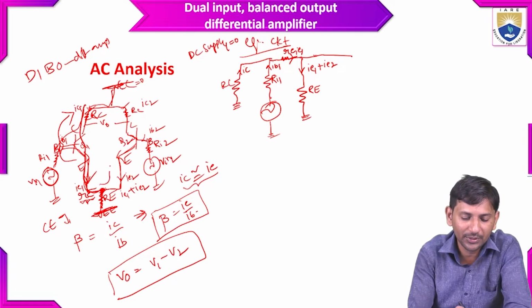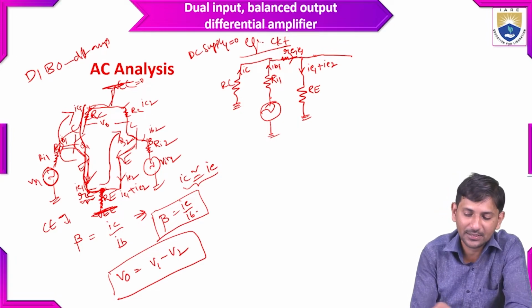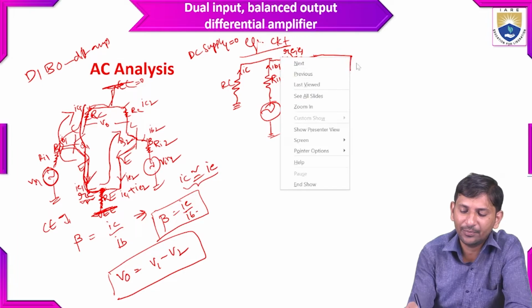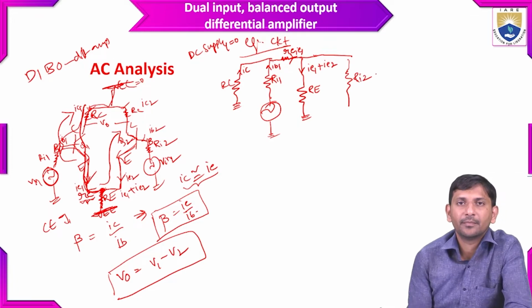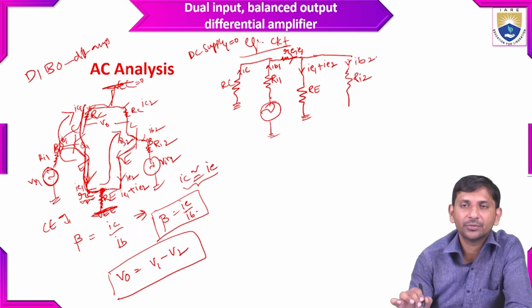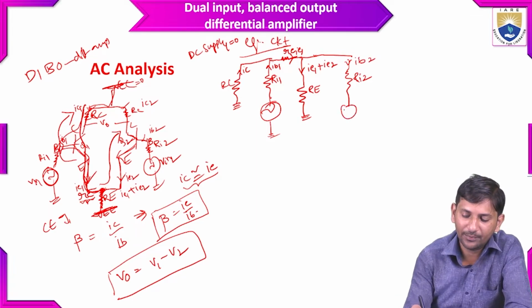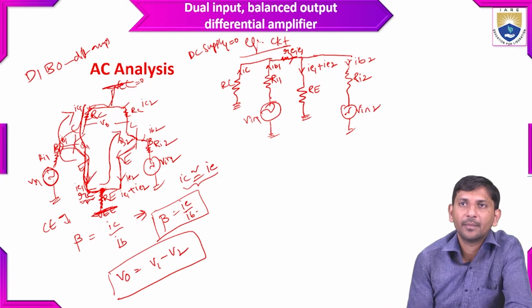If you go through this direction, we have to consider first the base input resistance, which becomes Ri2. The current across this Ri2 becomes Ib2, and the input supply, here it is V in 1, and now it is V in 2.